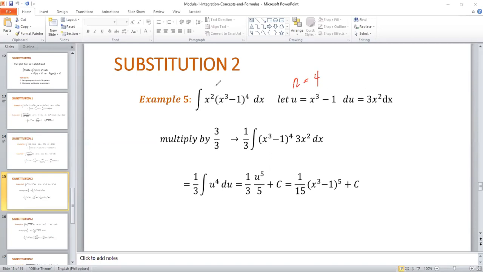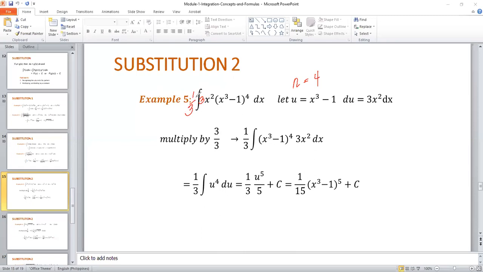What you only have is x squared dx. So this is to be dealt with the way it was suggested in the slide where substitution was presented. You introduce 3 here because you need 3x squared dx, and you place 1/3 outside the integral.